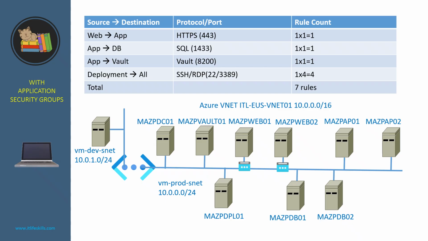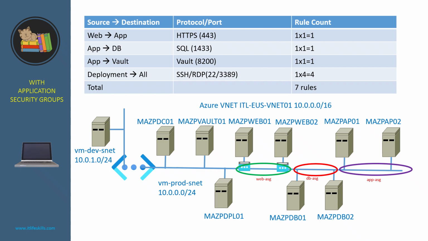Now, by utilizing application security groups, we need to create one inbound rule for each source tier to each destination tier to satisfy the requirements.